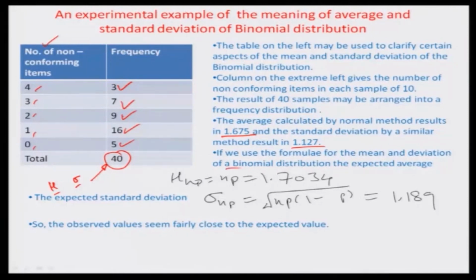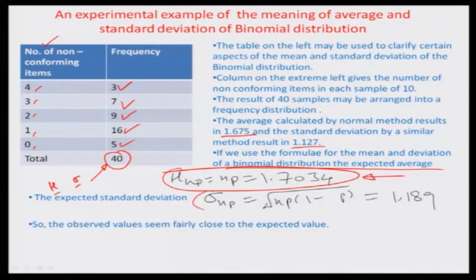Whereas if we use the binomial distribution and the expected mean and expected variance, the mu, np, would record as 1.7034 and the sigma, square root of np(1 minus p), would record as 1.189, as I have just described before.